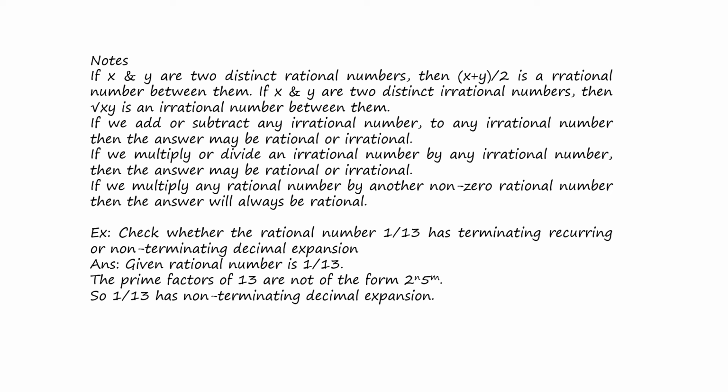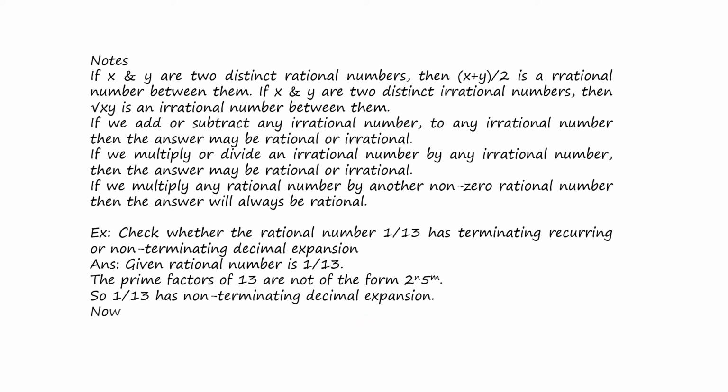See, to get a terminating decimal expansion, we need to have a multiple of 10 in the denominator. That means multiples of 2 and 5 put together. Since 13 is not of the form 2 to the power n, 5 to the power m, it is clear that the prime factorization of 13 does not contain 10. Therefore, 1 by 13 has non-terminating decimal expansion.